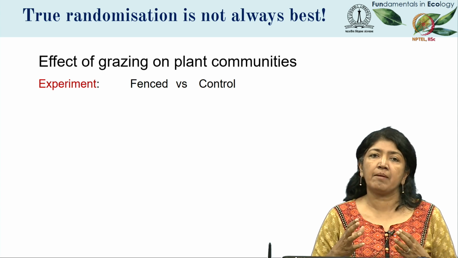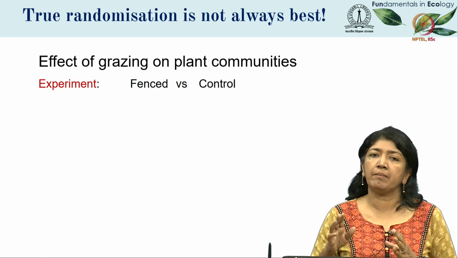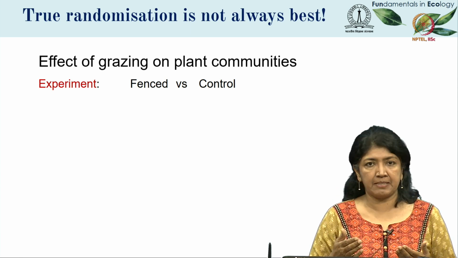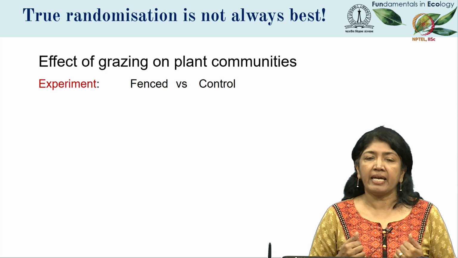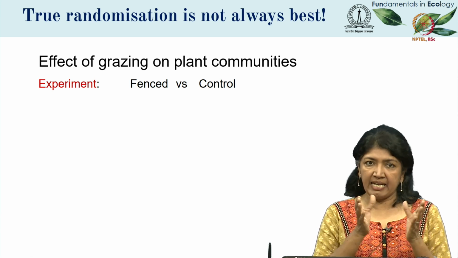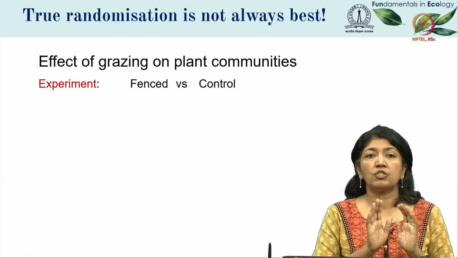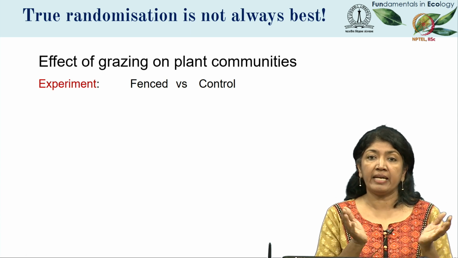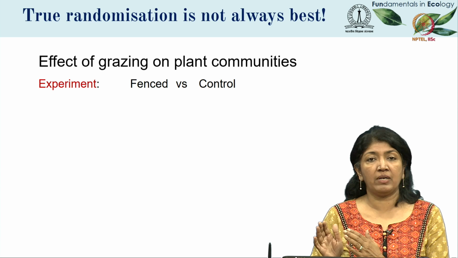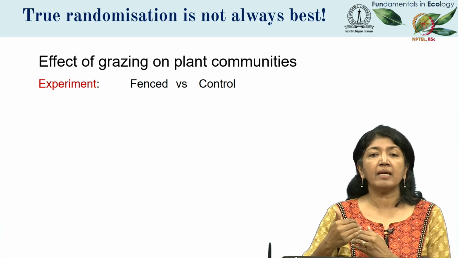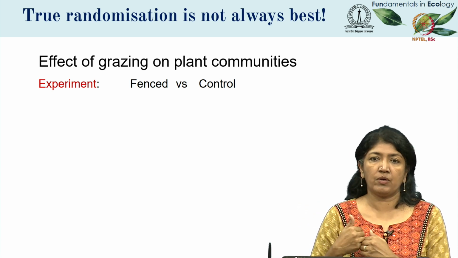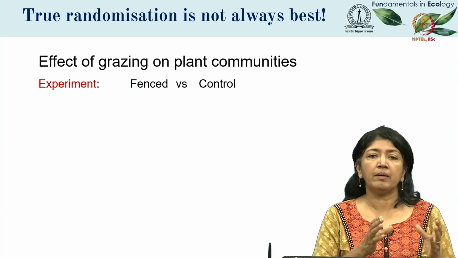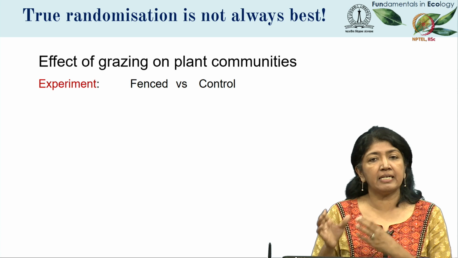If we take the example of large antelope and plant communities in a grassland, let us say I want to carry out an experiment in which I compare plant communities in areas that are fenced, so grazing by large antelope has been excluded, versus control areas where antelope can move freely through these areas. I want to see how plant communities differ between fenced areas and control areas.